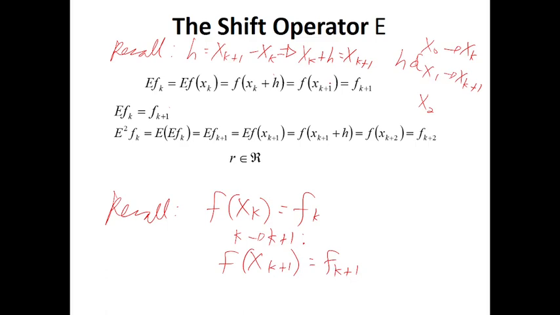That's why the function f of x sub k plus 1 becomes f sub k plus 1. So that's the reason. So this is the conversion, f of x sub k to f sub k. So we proceed.